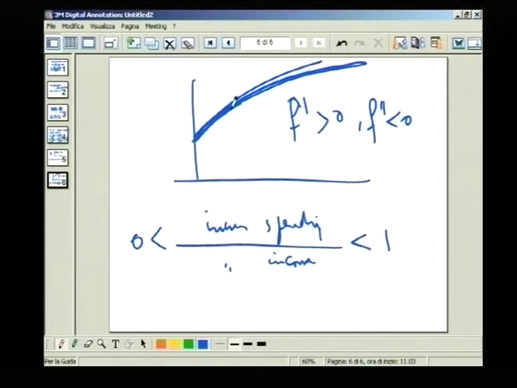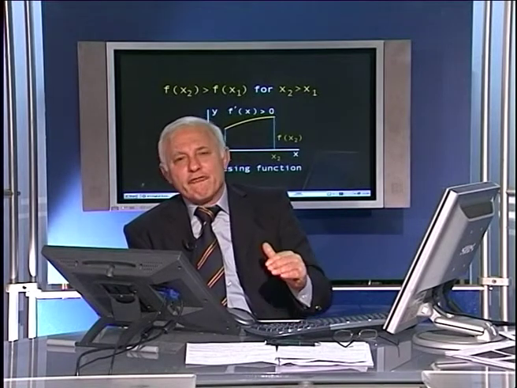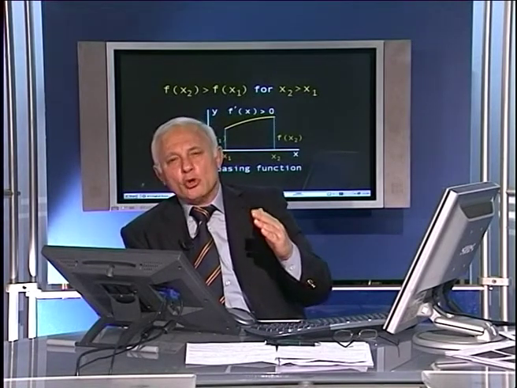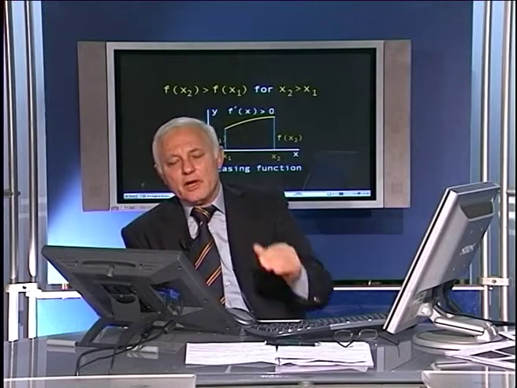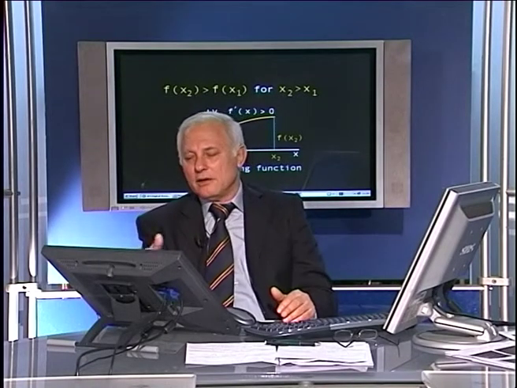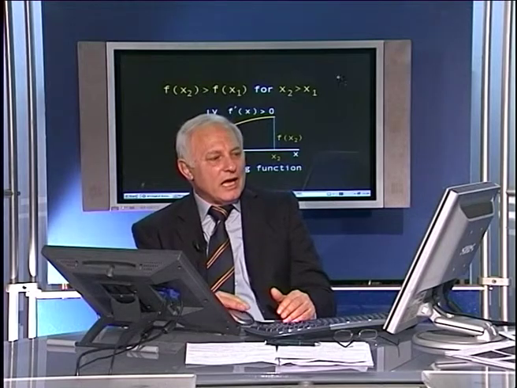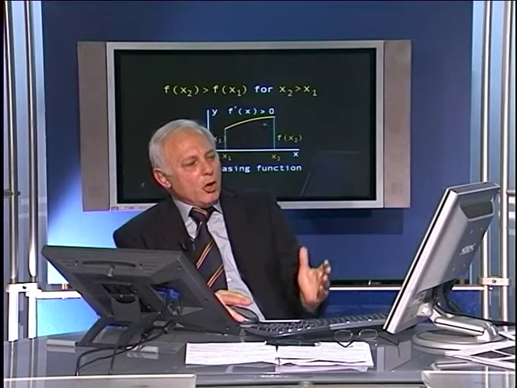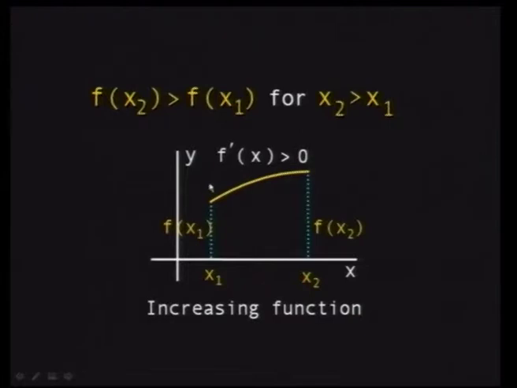This is called in calculus concave downwards, when your second derivative is negative. Because at the beginning you spend more, and then when your needs are saturated, the rate of your spending lessens, and you have a phenomenon of this sort. So this is a phenomenon in which the derivative is positive, yet the second derivative is negative.